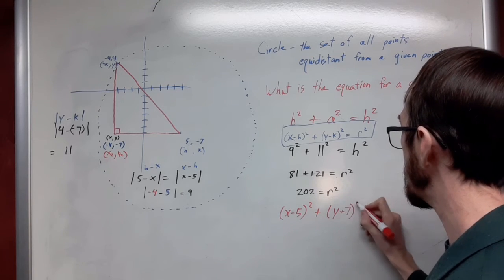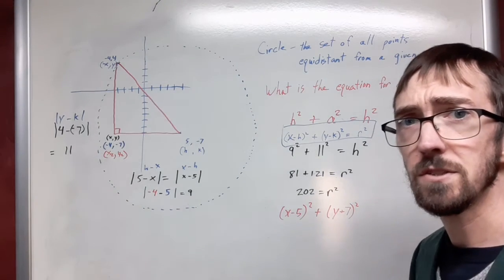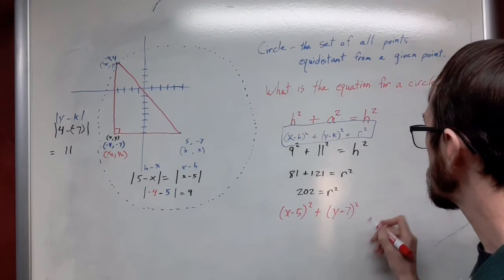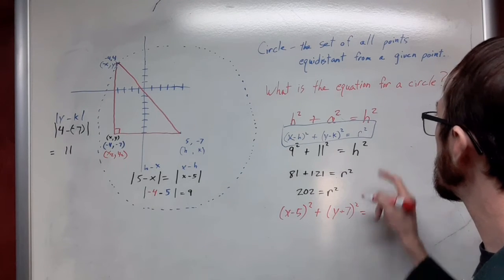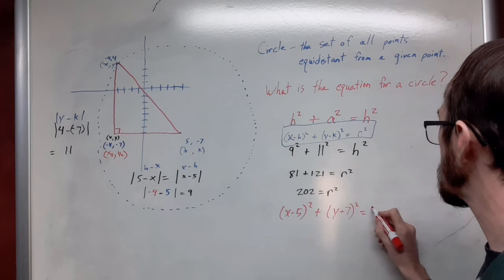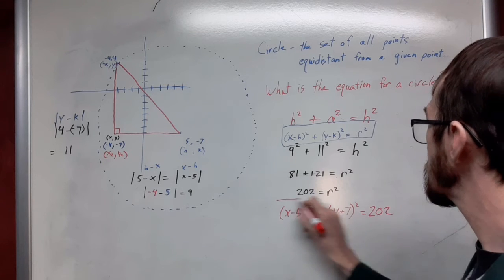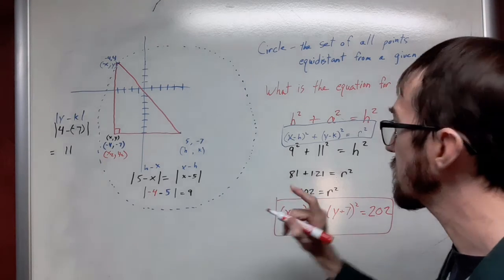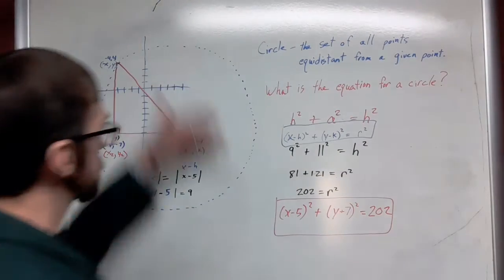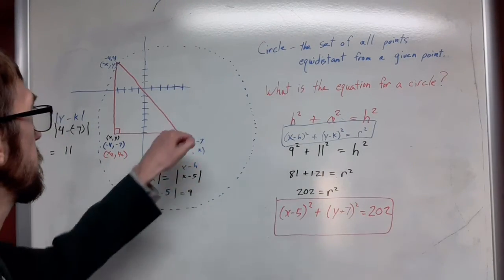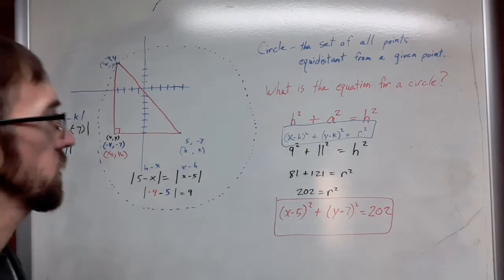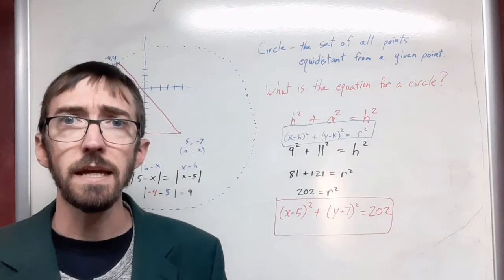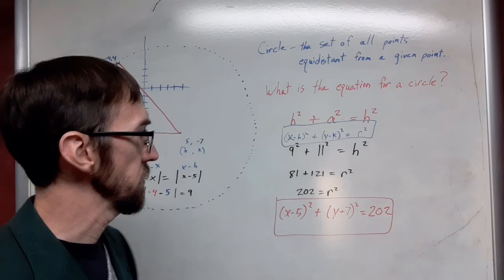So that forces a positive 7 there since it's a double negative. That is squared. And then this is going to be equal to r squared, which is 202. And so this is specifically the equation for the circle that we had, given the center and a point on the circumference. So this is specifically the answer to the question we were asked here.